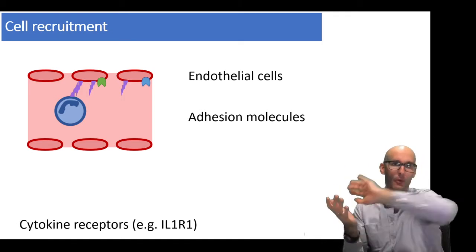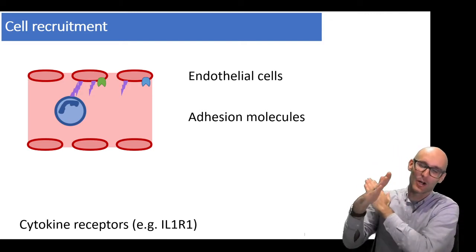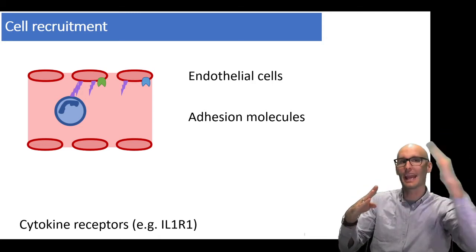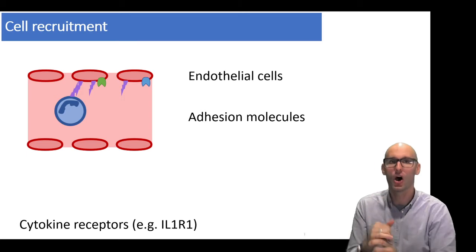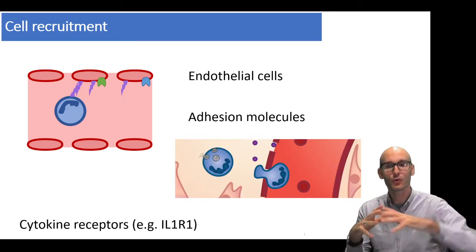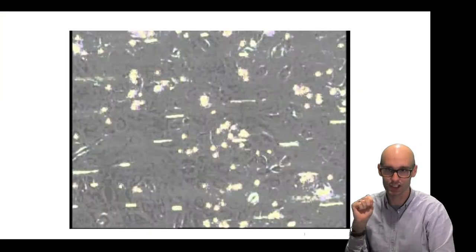So instead of flowing straight down the blood vessel, the neutrophil will slowly grab onto as many adhesion molecules as it can. This will slow it right down until eventually it sticks onto the blood vessel wall. And from here, it can now squeeze through those gaps in the blood vessels and migrate towards the tissue.